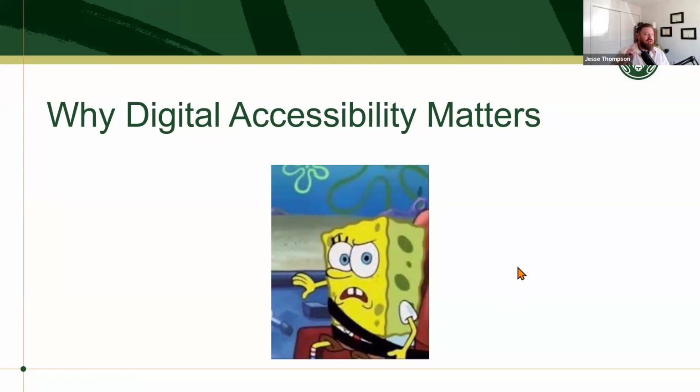If you could not see what was on the screen, or if, say, you don't know, does anybody know what this image is from? Anybody in the chat can identify? Yep, SpongeBob, right? So if you didn't know what SpongeBob was, that might make this inaccessible to you.